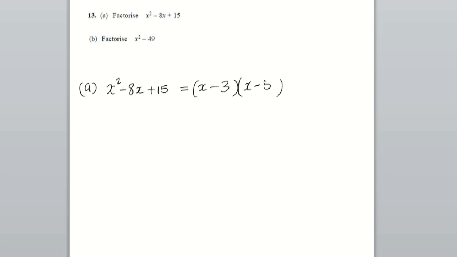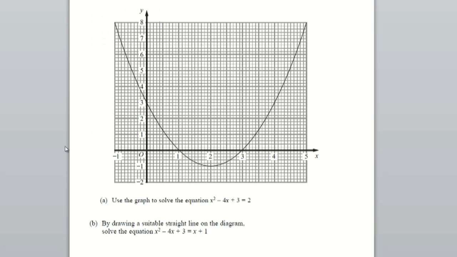Means it can only be those two. B, x squared minus 49. Special case with a quadratic, it's the difference of two squares. Same x in each bracket, same number in each bracket except for the sign change.